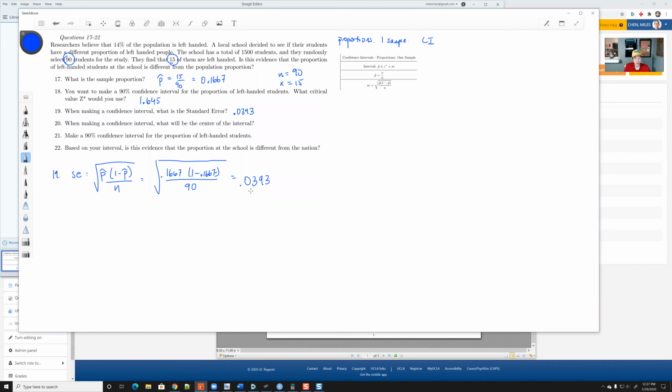What will be the center of the interval? The center is going to just be p hat, so 0.1667. That's the part in front of the plus or minus. So number 21, go ahead and make the confidence interval. You're going to have p hat, 0.1667, plus or minus z star times the standard error.